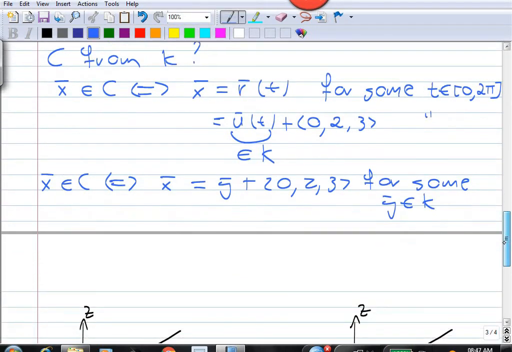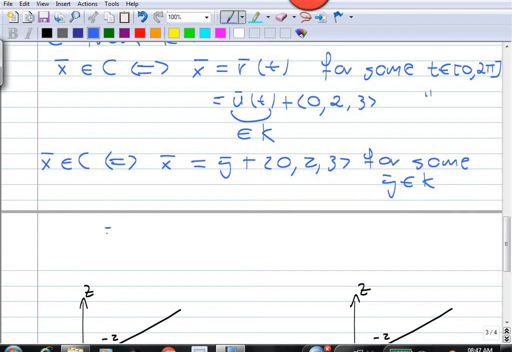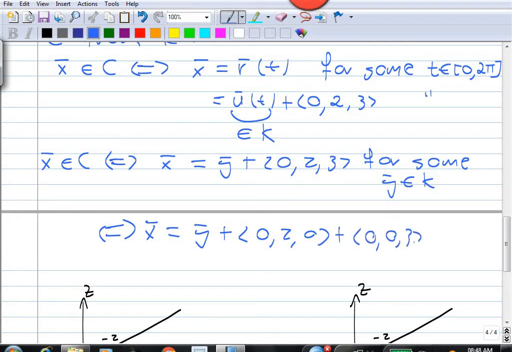So let's break this down a little more. We've got X is equal to Y plus 0, 2, 0 plus 0, 0, 3, again for some Y in K. So what does that tell us? What is the effect of adding that 0, 2, 0? The effect of adding that 0, 2, 0 is a shift.